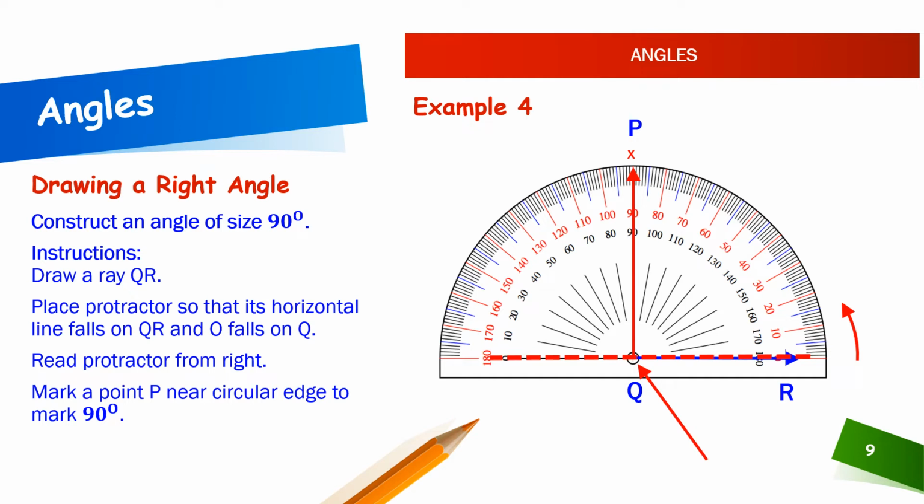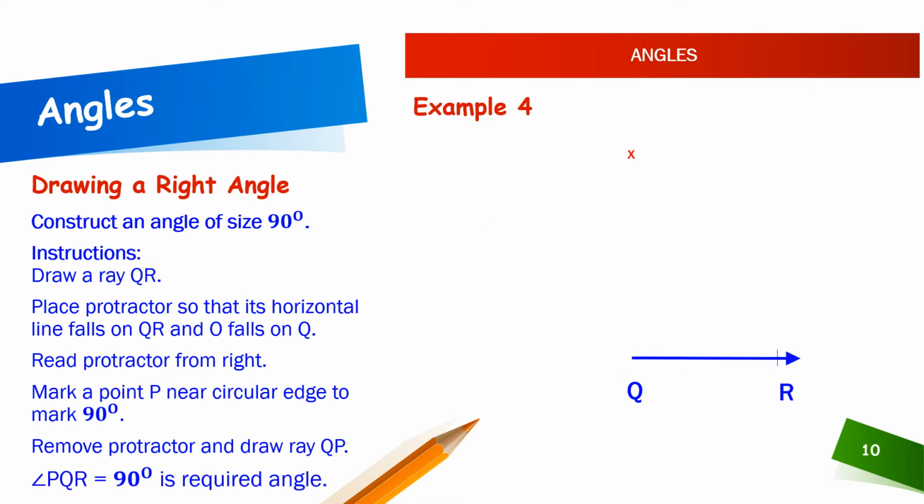Next, remove the protractor and draw the ray QP. Angle PQR equals 90 degrees is our required angle.